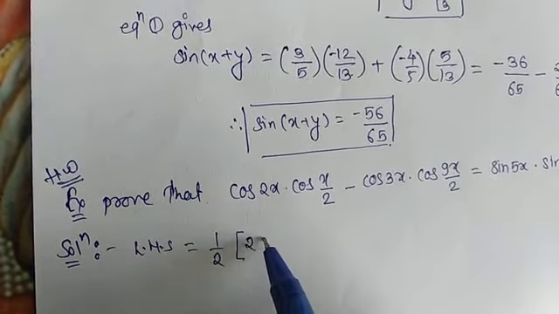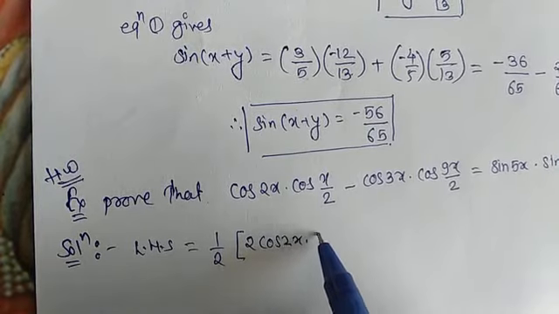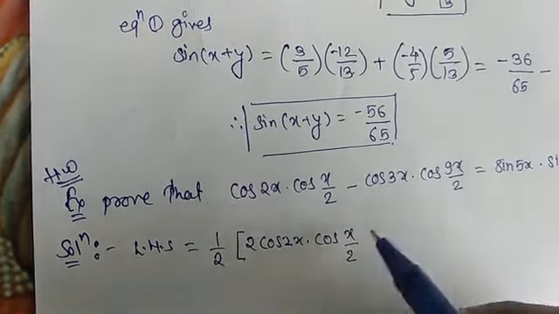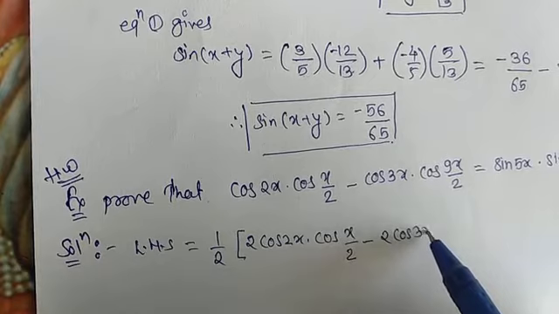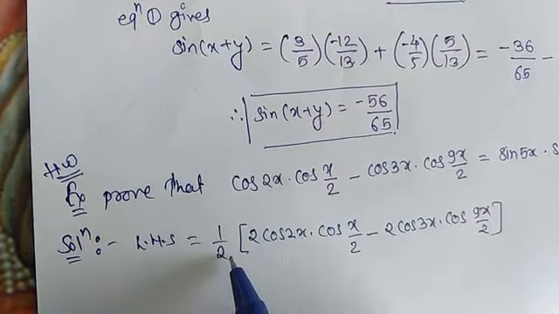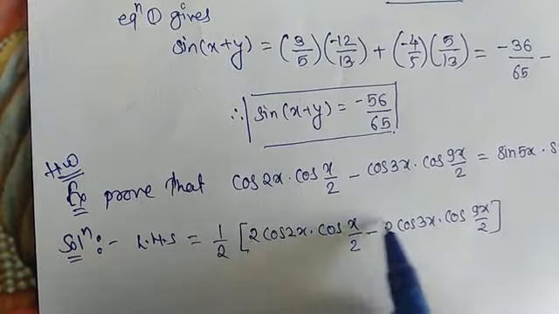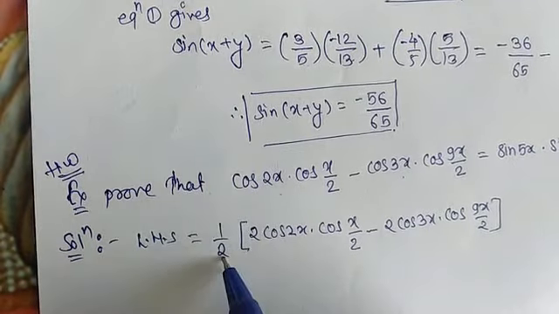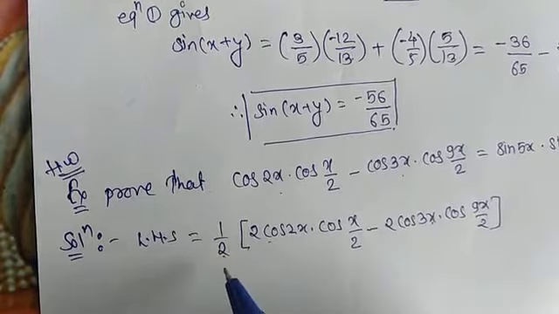So it will be twice cos 2x into cos of x by 2 minus twice cos 3x into cos of 9x by 2. Here I have done an adjustment where I have multiplied 2 to both terms and divided by 2 for both, which is outside the bracket.